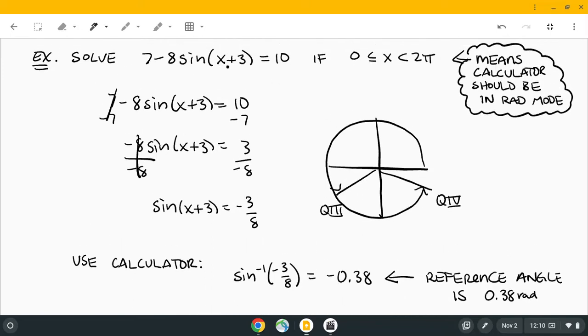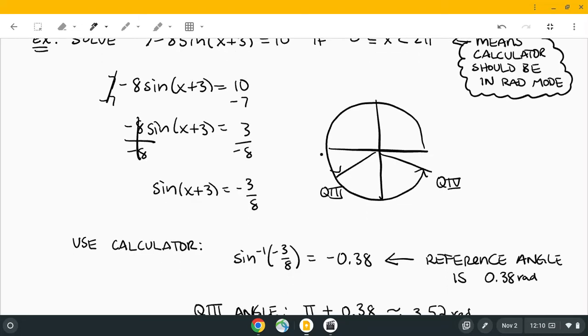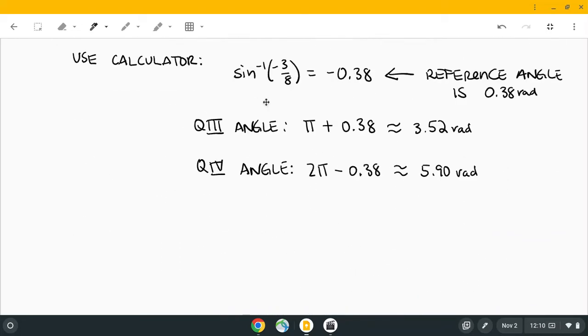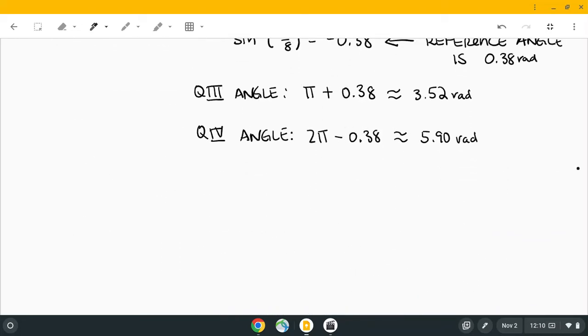And so that tells me, again, here with the plus 3, that adds a little more complexity to this problem. So we know this. Let me explain why we have to do this extra step here. So we know that the sine of 3.52 equals negative 0.38, right?